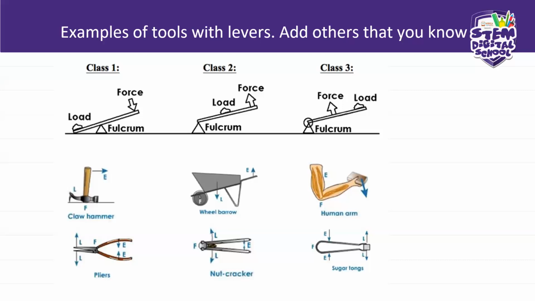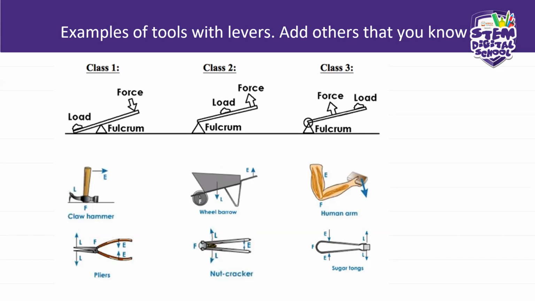Pliers, same, but I want to draw your attention to pliers. As you might have learned in grade 7, pliers are a combination of two levers, okay? Because if you take the top part of the pliers and the bottom part, you can see that these are two levers combined at the fulcrum.